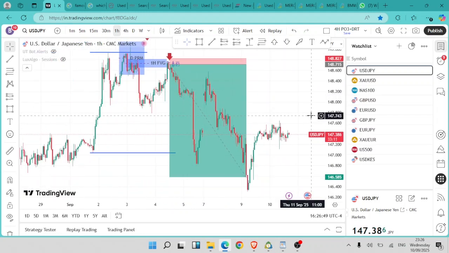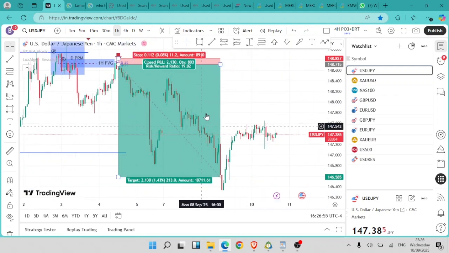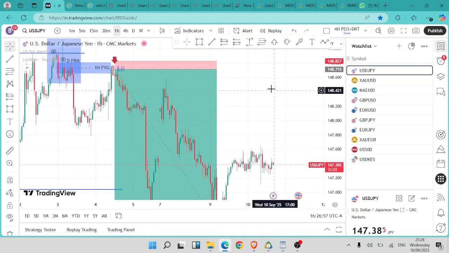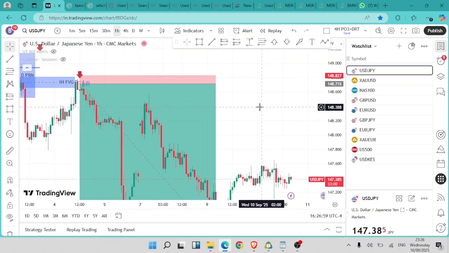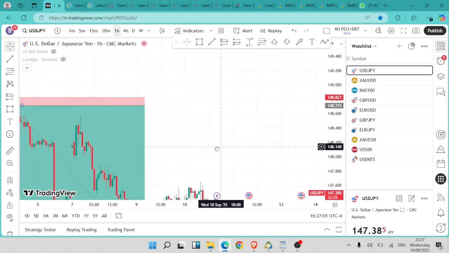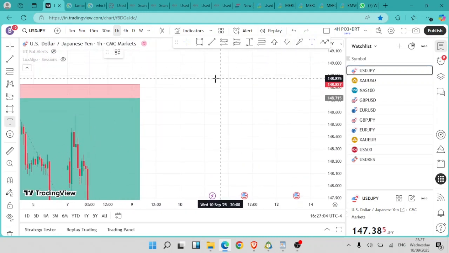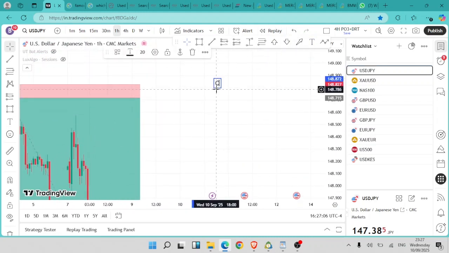So that is the model explained to you. This is just another example, but this time I've applied this model in the higher time frame, the daily time frame. So ideally, the idea behind it is, I don't know, it looks the same to me. PO3 and CRT look the same to me, or AMD.